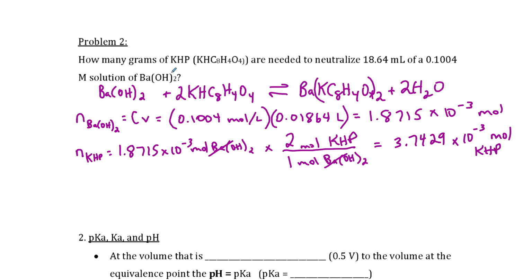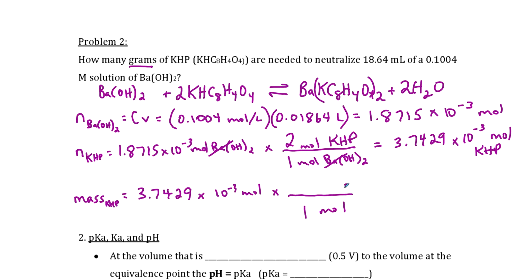Now my end goal here is to get how many grams of KHP. So if I just write mass of KHP, I would take my number of moles and use the molar mass to get to grams. So in 1 mole, how many grams?